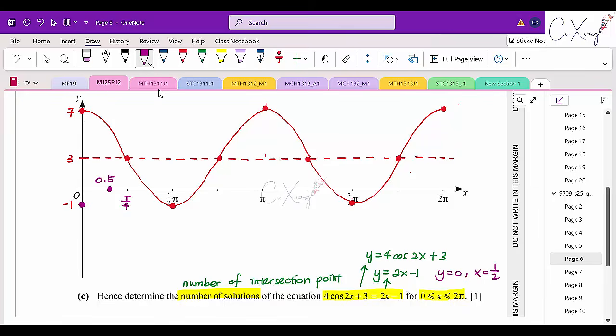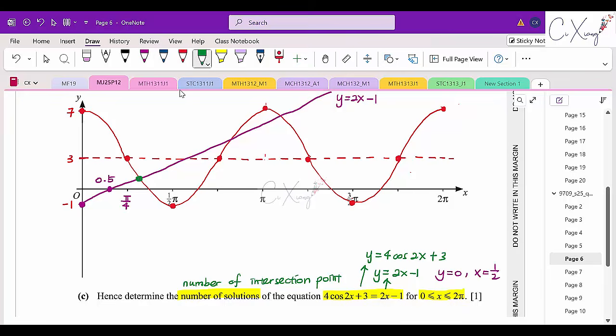Then we join the points together using a ruler, and go till the end. After you draw the line, let's have a look at how many intersection points there are between the graph of y equals 2x minus 1 and the graph of cos.